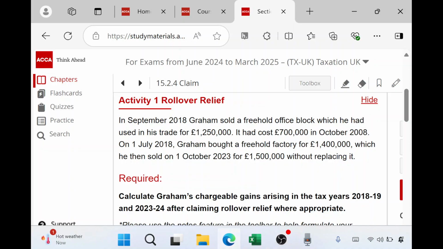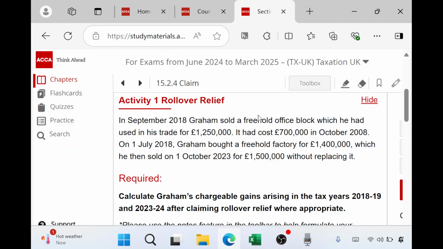Okay, so the scenario. In September 2018, this individual sold a freehold office block, which he had used in his trade, for 1,250,000. Now, several things here. That office looks like a qualifying asset.